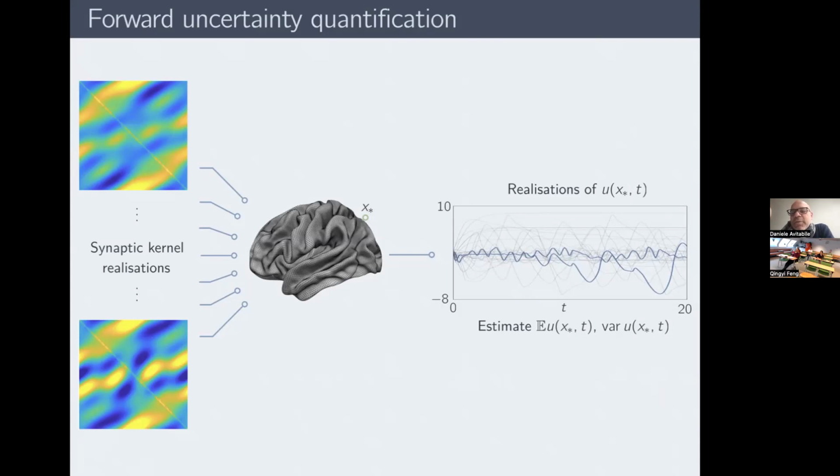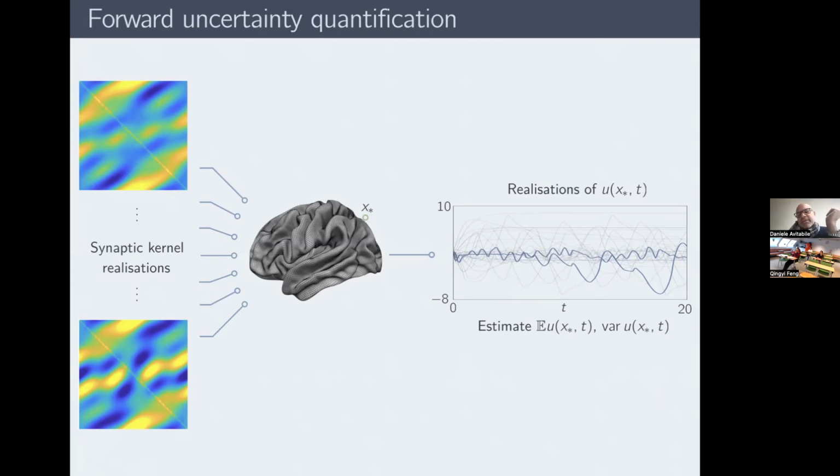What we are not doing here is injecting a stochastic forcing at every time step. This is something we'll do in the last 2 slides of my talk today. We are literally tossing a coin at the beginning of the simulation. The coin toss gives us a kernel or another parameter. And from that moment onward, the evolution is deterministic. So there is randomness because there is randomness in the input, but the evolution equation per se is deterministic.